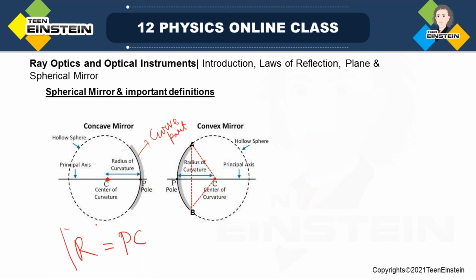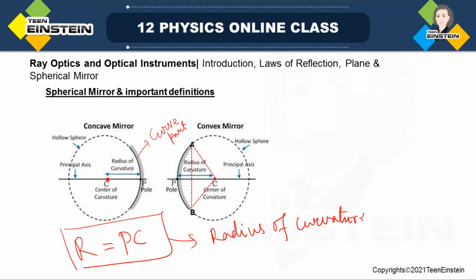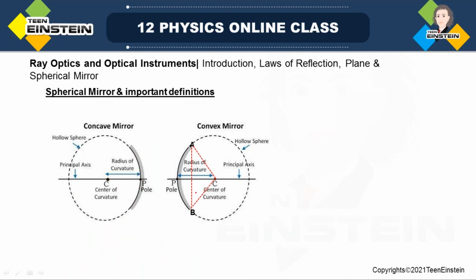This is denoted by capital R. This is called the radius of curvature. So in this case this is R, this is R. Okay, radius of curvature. All right, so we have learned what is pole, what is center of curvature, what is radius of curvature.